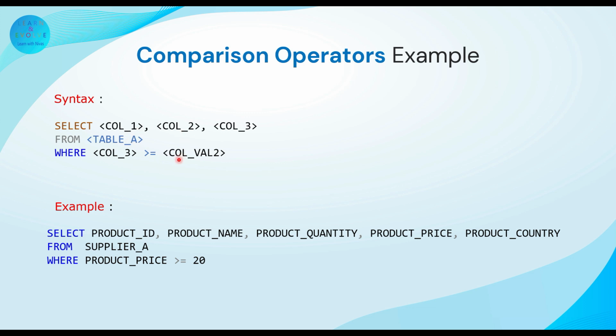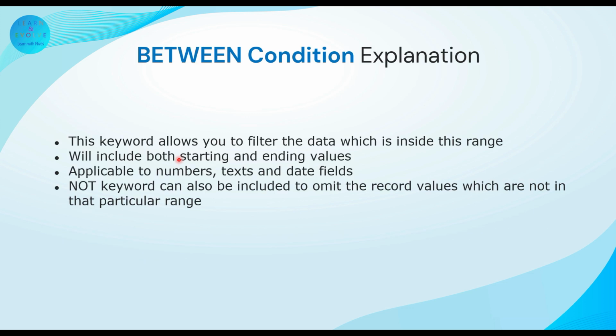Now let's move on to the between operator. Between is basically a condition wherein you can select a specific block of output. There might be many records in a table, but if you want to filter with a range of values, you can use this between keyword.